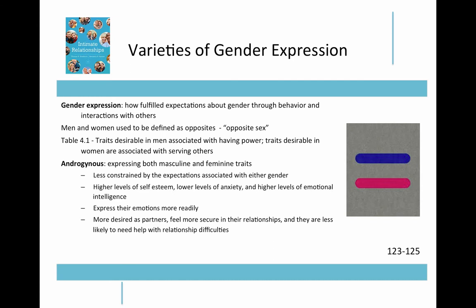So a man who acts as a leader is viewed positively. There were also traits that were desirable in women, and those were associated with serving others. So it's good if a woman is affectionate. And then there were gender neutral traits too, like being likable. Everybody likes someone who's likable and kind.